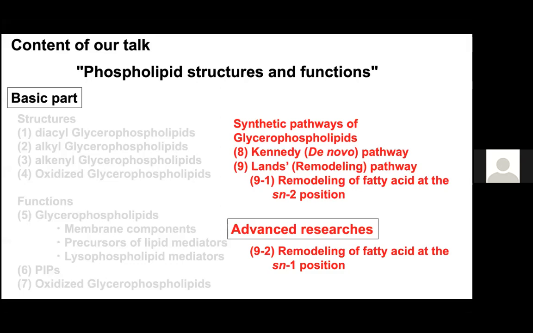In this section, we will describe the biosynthetic pathway of glycerophospholipids, especially the Kennedy pathway and the Lands pathway, which was proposed in the 1950s. The enzymes involved in this pathway will also be discussed. And finally, as a research topic, I will talk about the enzyme involved in the remodeling of the fatty acid at the SN1 position of phospholipids.